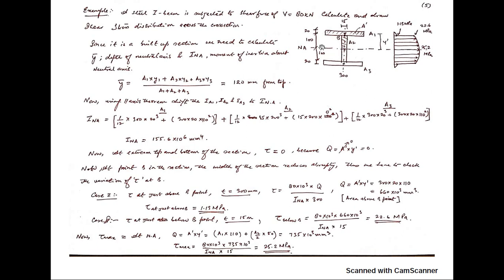So this is 100 and this will be 50. So you are getting Q over here, and make sure that you put the correct units, because this is important. Q will come out to be in mm cubed.